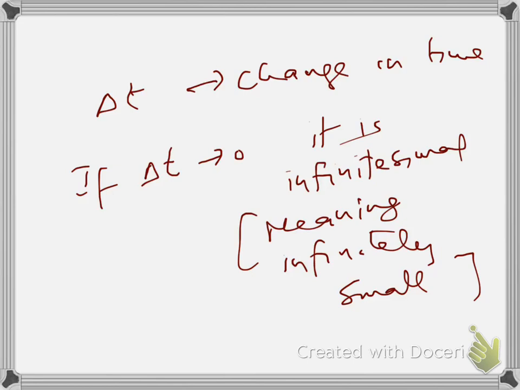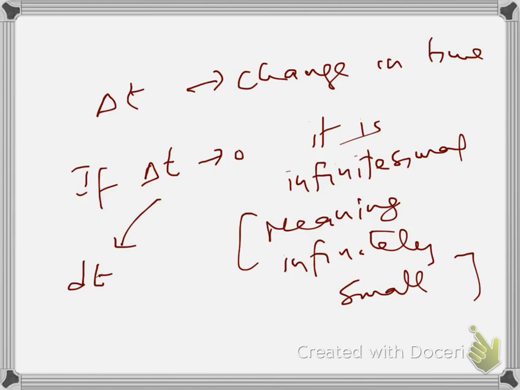Then when it is tending to 0, when it is infinitesimal, you can write it as dt. Instead of delta T, you can write it as dt, provided it is tending to 0. Okay, you cannot write delta T as dt if the change is very big, but if the change is very small, tending to 0, you can write it as dt.